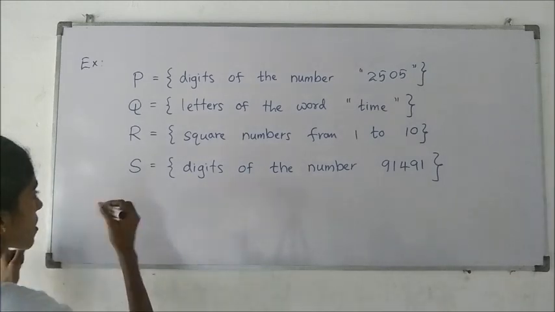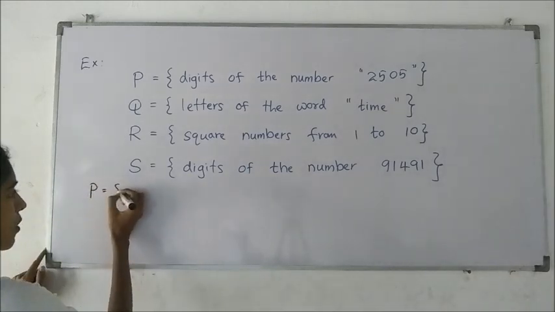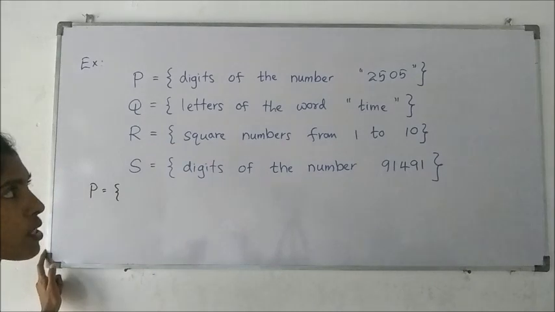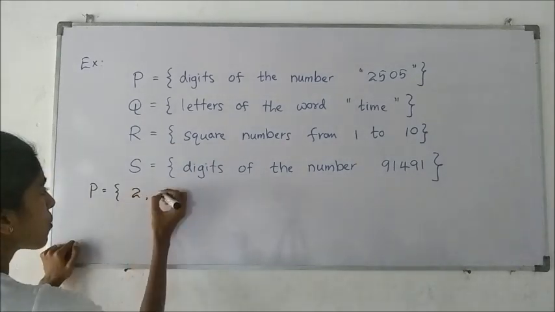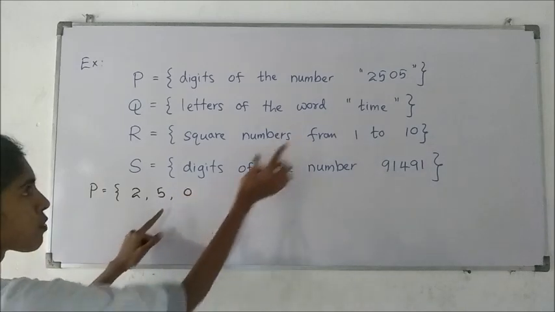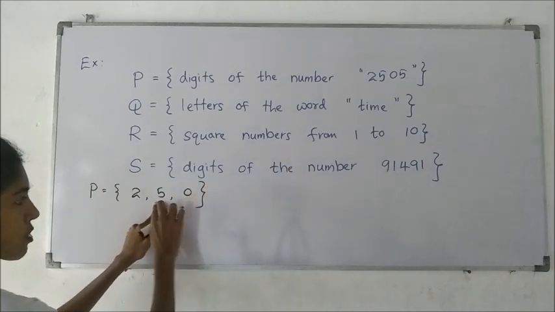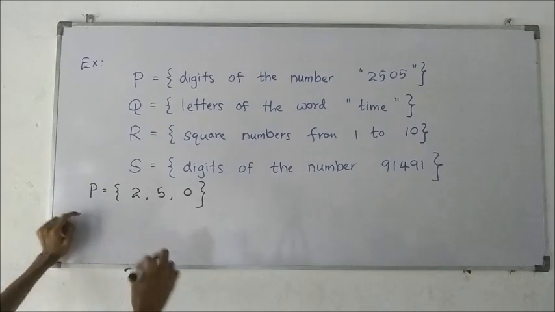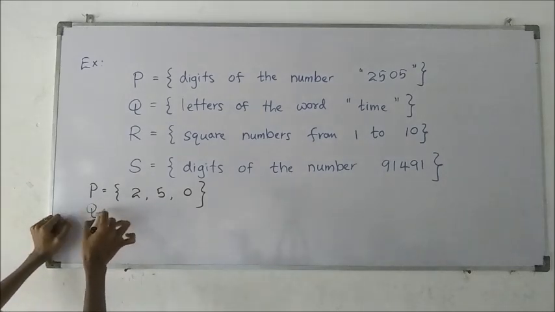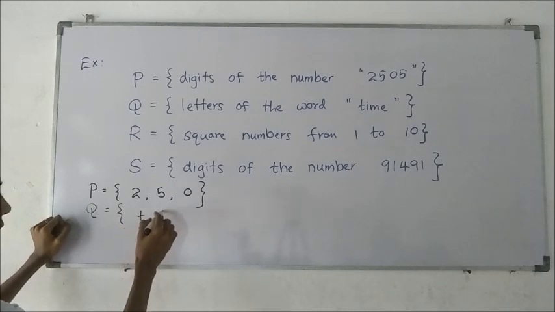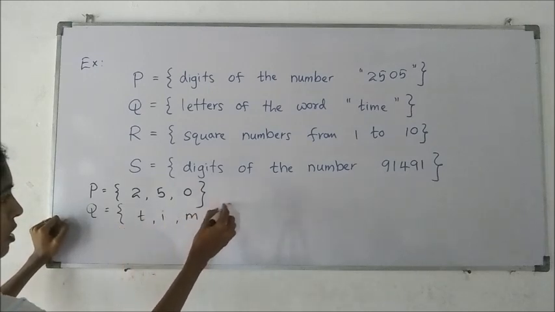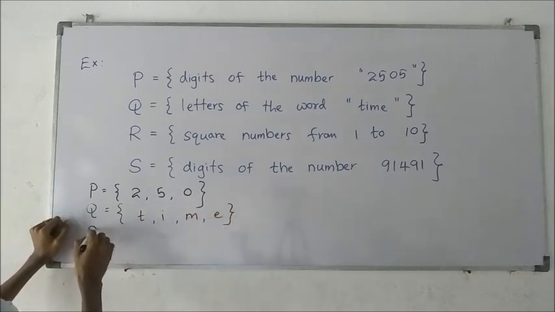Okay, see the first one, set P. Digits of the number 2505. So 2, 5, 0, 5. Again, no need to write 5 twice, okay, because it is repeated. Set Q. Letters of the word time, T, I, M, E. No letter is repeated.